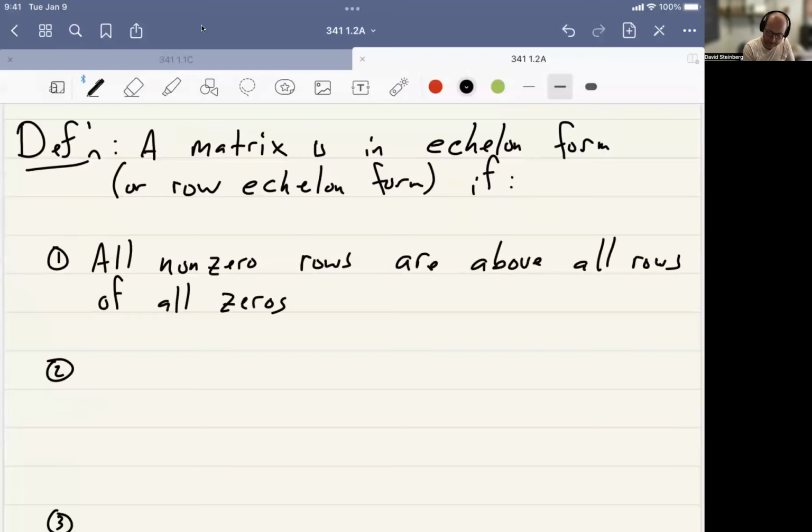Second, we need each leading term to be in a column to the right of the leading term of the row above it.